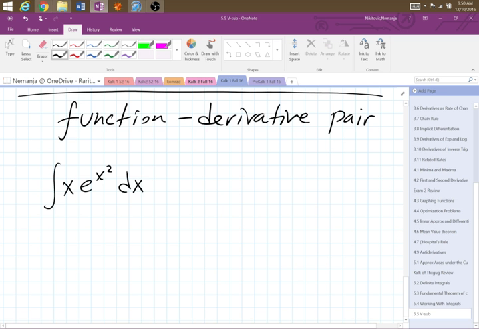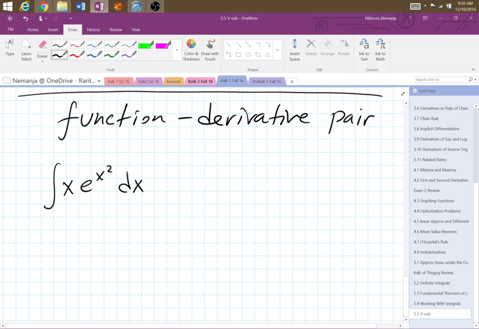Now, remember when I said search your feelings for whatever it is that bothers you the most. In this problem, when I look at it, I say, I know how to integrate e to the x. I can't deal with e to the x squared. Therefore, x squared is bothering me, because it was just x. That's simple.